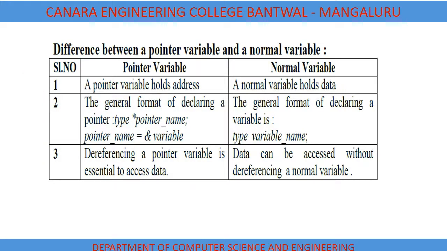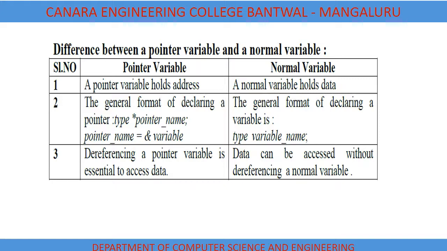In this slide we are going to differentiate between a normal variable and a pointer variable, and how a normal variable is different from a pointer variable. A pointer variable normally stores the address of another variable, whereas a normal variable is used to hold data.